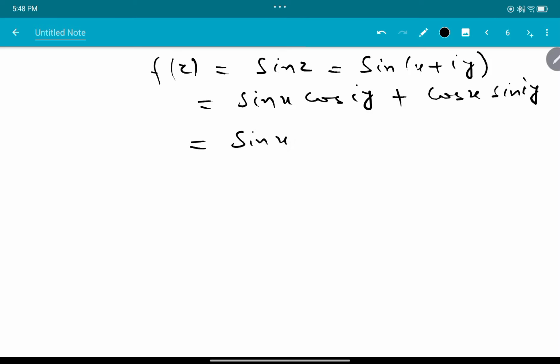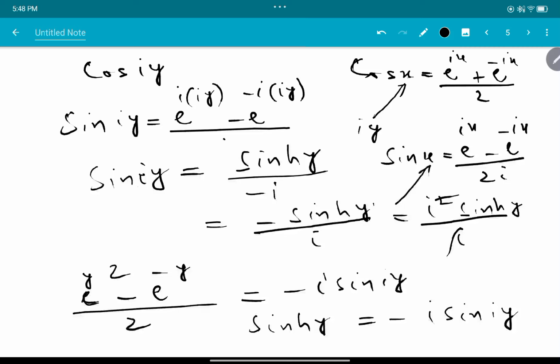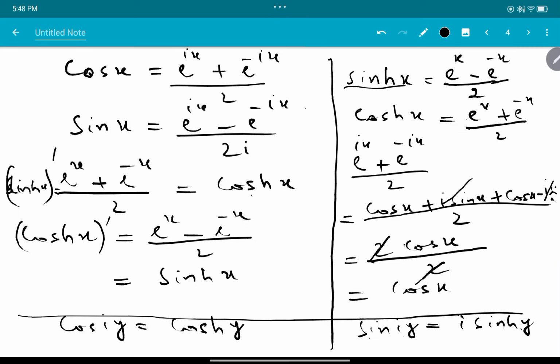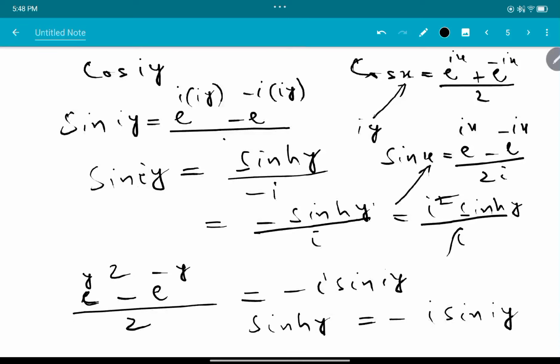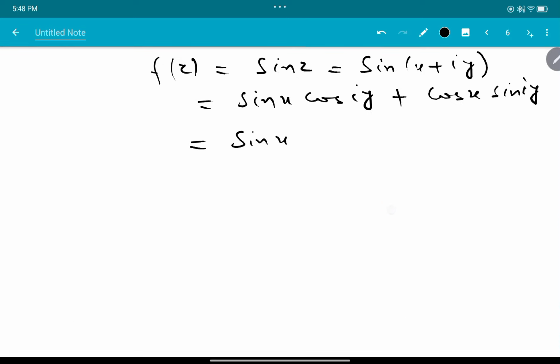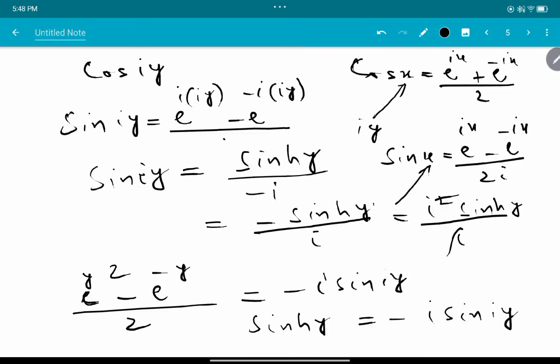Now using this, cos iy is simply hyperbolic cos y, plus cos x sine iy.